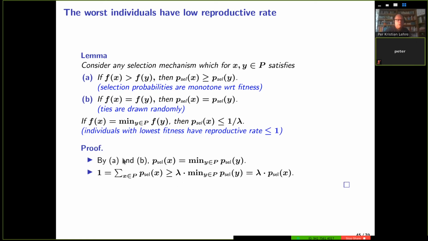And the selection probabilities sum to 1. So this is larger than lambda times the minimum selection probability, which is the probability of selecting individual x. So from this we have that the probability of selecting individual x is at most 1 over lambda. So the reproductive rate is at most 1.